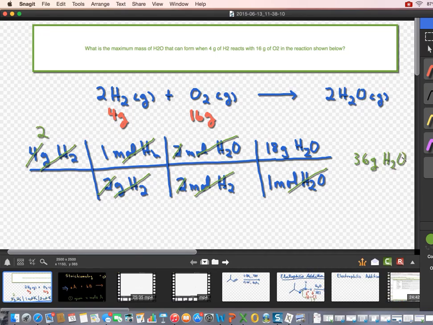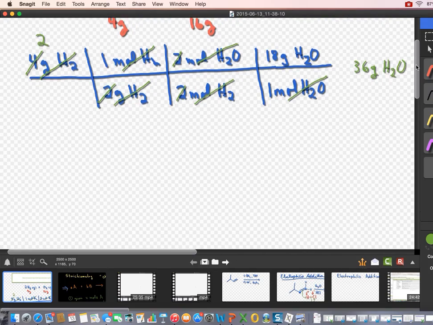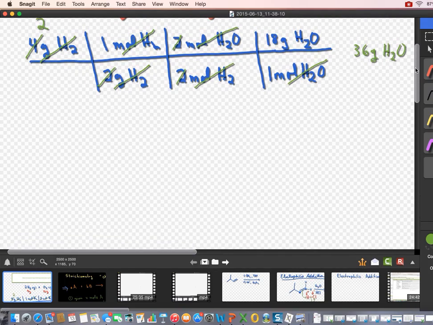Now when you're doing a multiple choice question, this is very important. 36 grams represents the biggest the answer can be. Because if for the second part of this calculation, I have an answer that's bigger than 36, I take the smaller of the two values. If my second answer is smaller than 36, then I take the smaller answer that is less than 36.